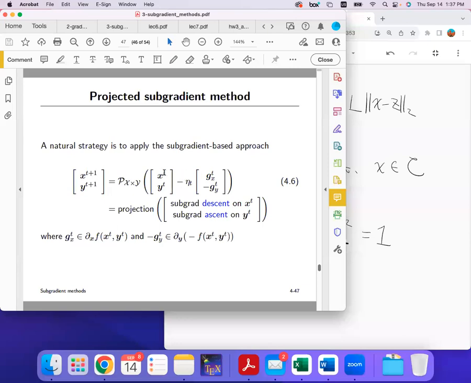So on x, I use a subtraction to do descent. And on y, there are two subtractions, but they cancel out. So actually, I'm doing subgradient ascent on y because I'm doing a min-max problem. I want to maximize over y, so I need to make this positive. But I still want to write it in a standard form, so I introduce a negative sign.